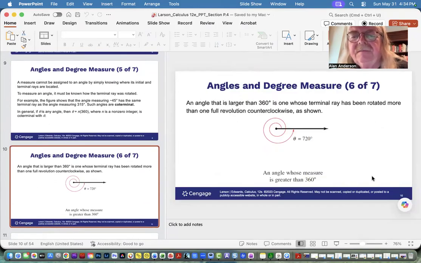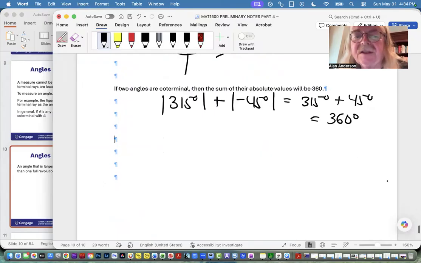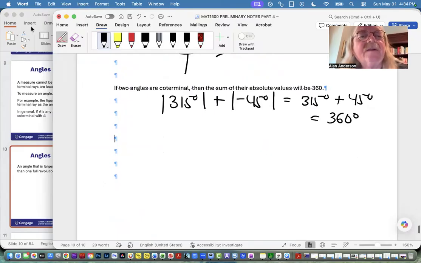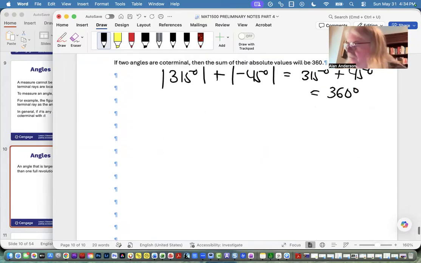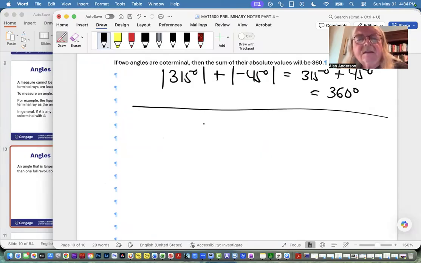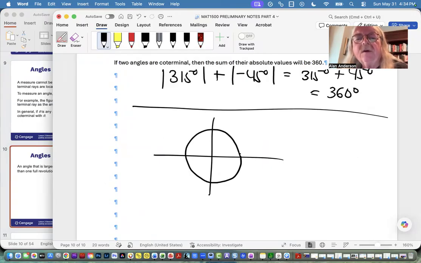Now, also, what can happen sometimes is what if you go around the circle more than once? Let's say we go around the circle the normal way, counterclockwise, and then we go another 45 degrees.